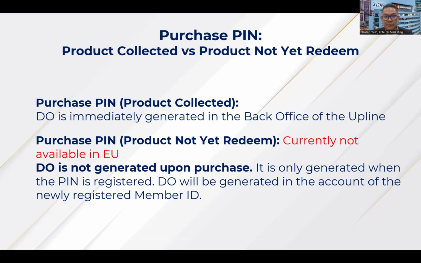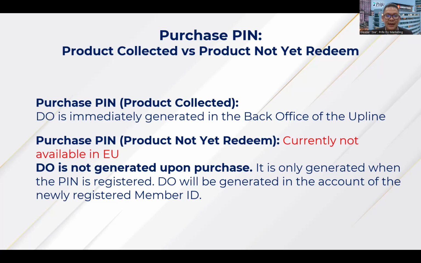So you can purchase the product without registering the PIN. You can register the PIN after 1 month, 2 months, 6 months, 1 year. But of course, until you register the PIN, you don't get the account and you don't get the points. So you only get the points when you register the PIN.